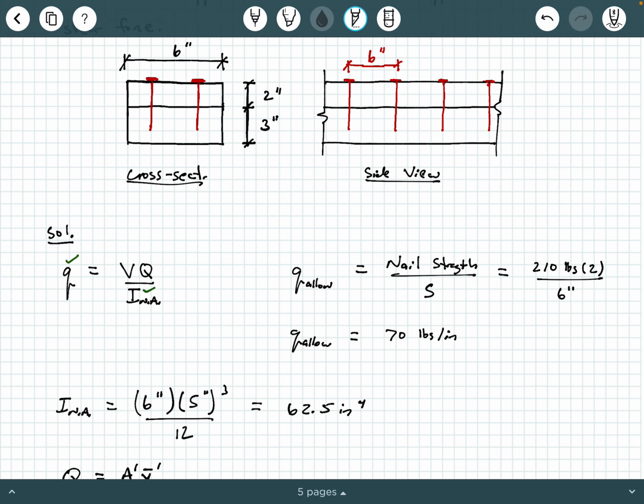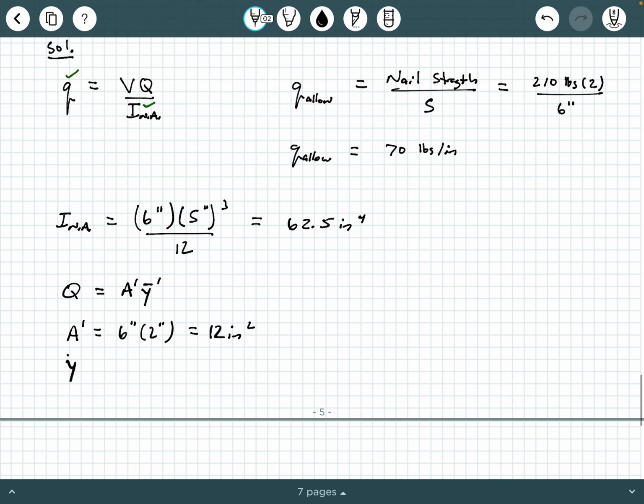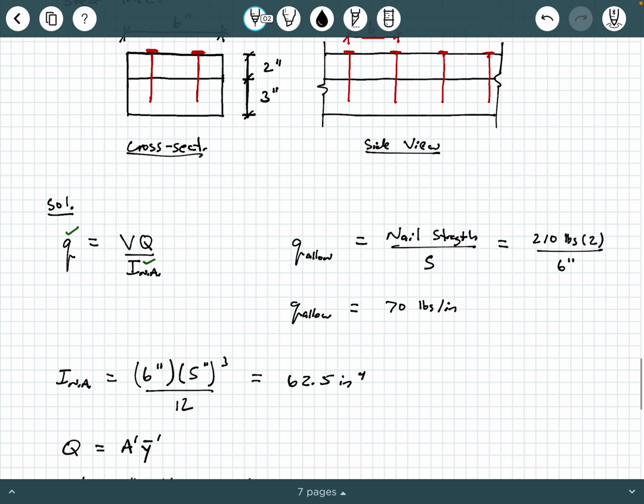All right, now what about y prime bar? Well, y prime bar is going to be the distance from the centroid of A prime to the overall centroid of the whole section. Well, the whole thing is a rectangle, right? So we can say that regular y bar is 5 inches over 2, which is 2.5 inches. And so y bar prime is going to be the distance from the centroid of A prime to the overall y bar, all right?